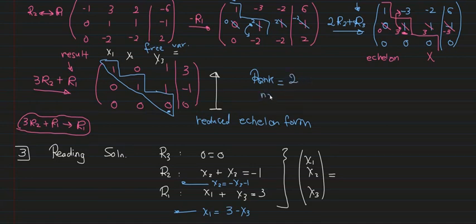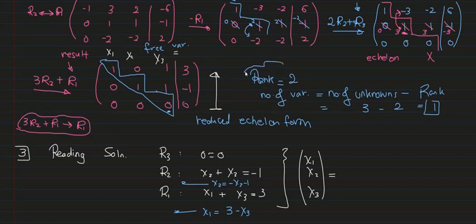And the number of free variables, as stated in the theorem, is equal to the number of unknowns, which is 3 here, minus the rank, which is 2. So this is equal to 3 minus 2, which is equal to 1. So you have one free variable.